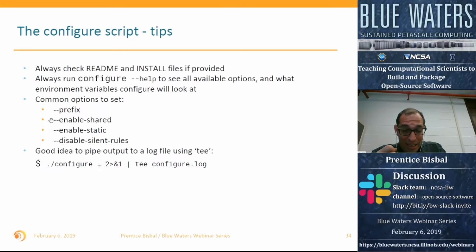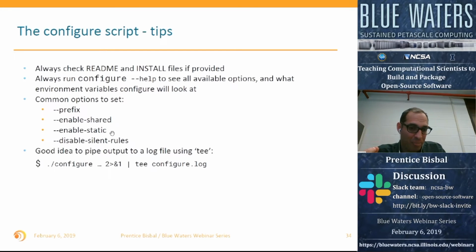I like to build both shared and static libraries, so I like to enable both of these features. Typically these days, a lot of packages will enable shared by default and not enable static, but that's not always true. FFTW3, for example, prefers static as the default, and enabling shared is optional.